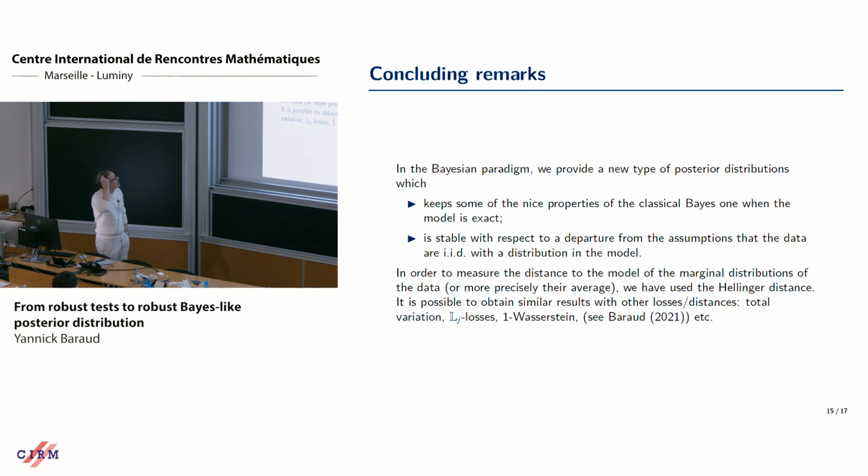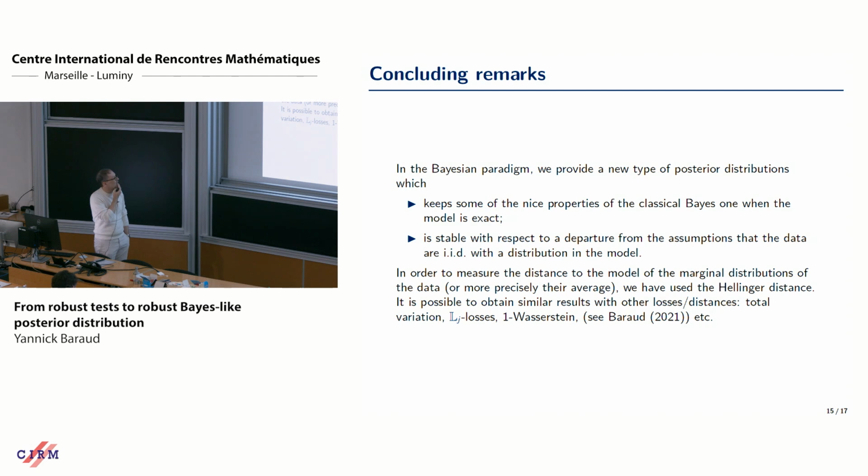So, concluding remarks. What we've tried to do is to provide a new type of posterior distribution to keep some of the nice properties of the classical Bayes posterior distribution, but also to have some stability with respect to a departure from the assumptions we started from on the statistical model.